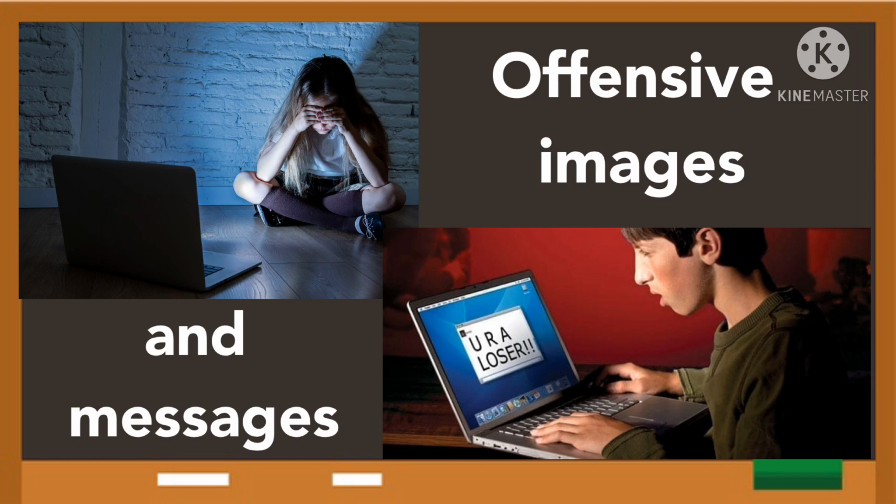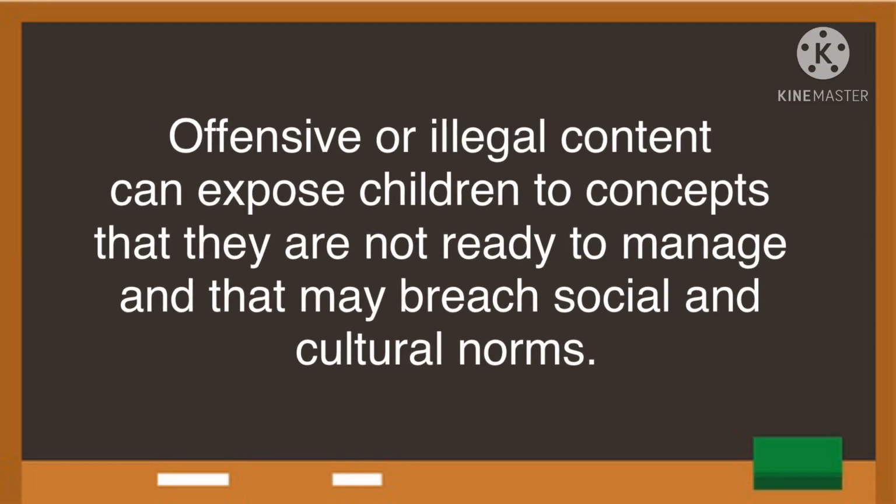They may seek it out or be referred to it by others. Young people with smartphones might also be able to discover content that may be blocked by home and school internet filters. Offensive or illegal content can expose children to concepts that they are not ready to manage and that may breach social and cultural norms.